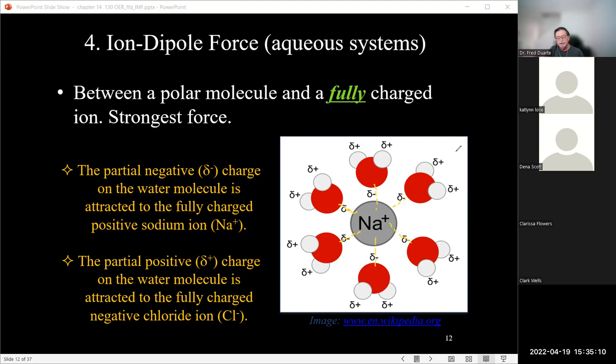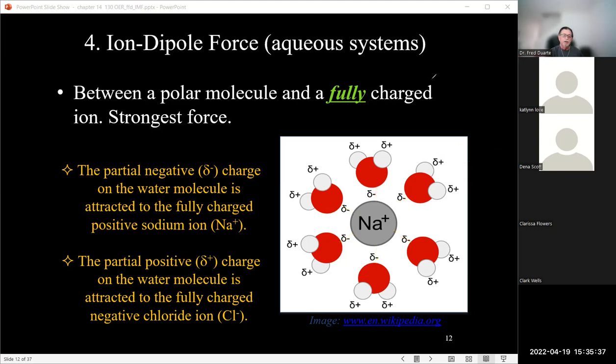Now on the other side, if this was, let's say, sodium chloride, NaCl, the chloride would be over here interacting with the partial positive of the water molecule. So we have this big old gigantic matrix of sodium ion and chloride ion hydrated by the water molecules, okay?